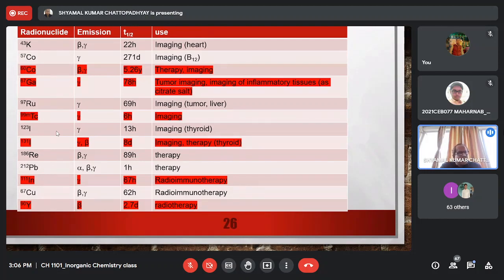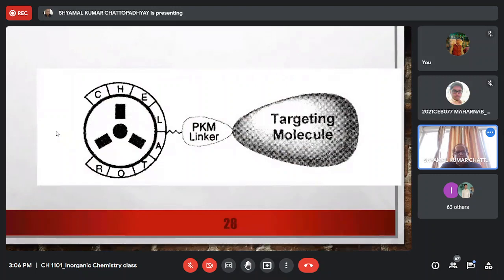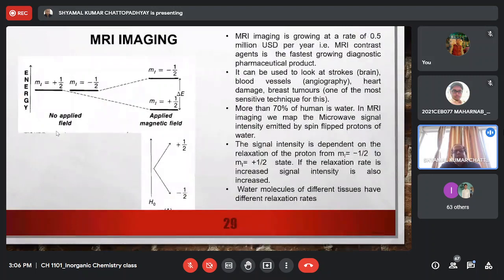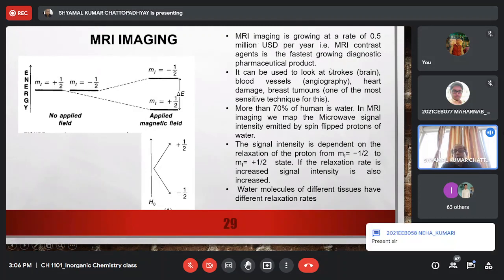Okay. Next, we shall go to MRI imaging. Besides radionuclide imaging, probably more important is MRI imaging because it is used more frequently than radionuclide imaging. I have written here that MRI imaging is growing at a rate of 0.5 million US dollars per year, right?